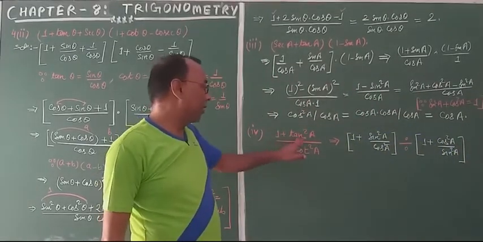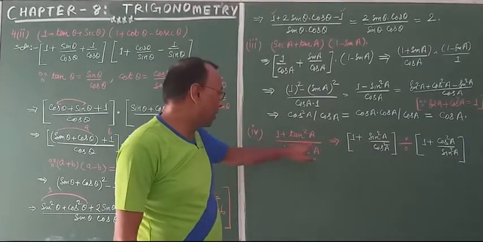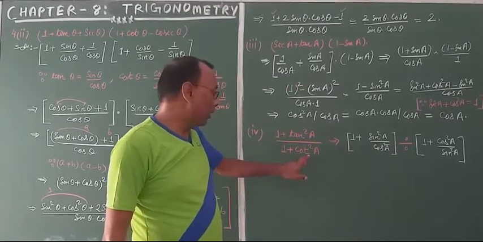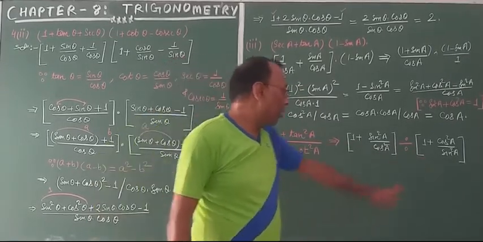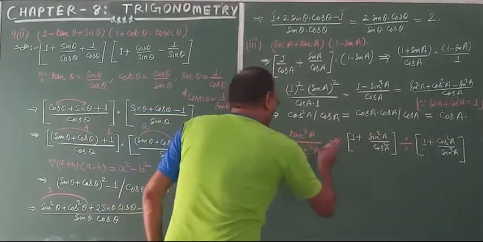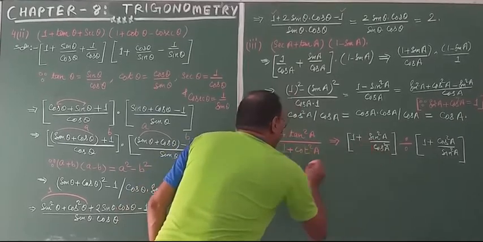1 plus tan square A is this, 1 plus sin square A upon cos square A, divided by, the symbol is here, 1 plus cot square A. Cot square A is written as cos square A upon sin square A. Now take the LCM here. So what will you get?